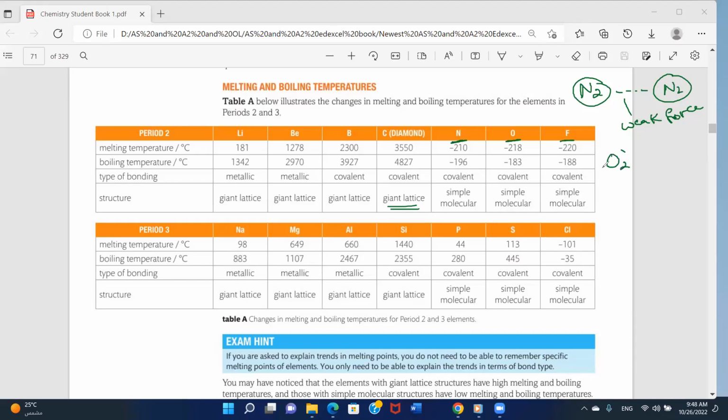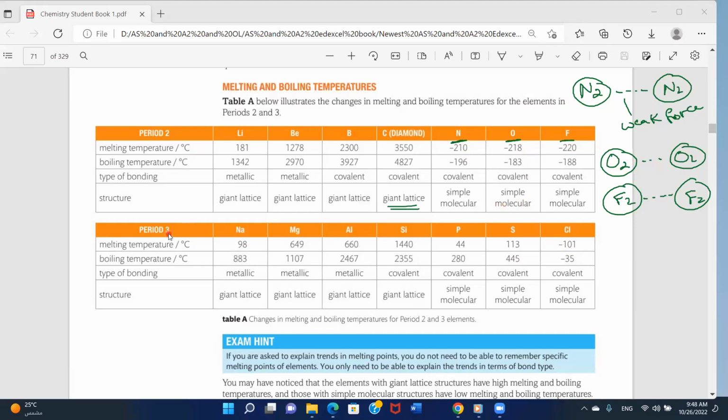Also between oxygen and another oxygen, we have weak forces. Between fluorine and another fluorine molecule, we have weak forces of attraction. That's why we will find that the melting temperatures and boiling temperatures are so low. If you compare nitrogen to oxygen to fluorine, we will see that all of them have weak forces between their molecules, and so they have the least melting and boiling temperatures. They have a simple molecular structure.